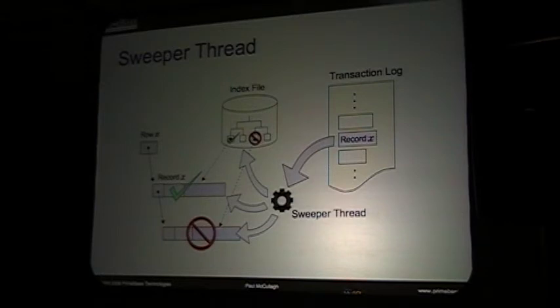At the same time, it removes any index entries that refer to those older versions. That's this deletion here. And it also marks the index entries that point to this record as visible by all. That's actually a new addition, and it's important to be able to handle index coverage correctly.